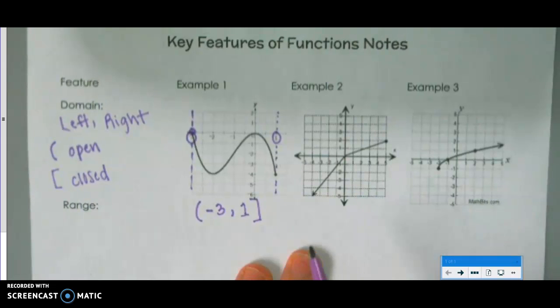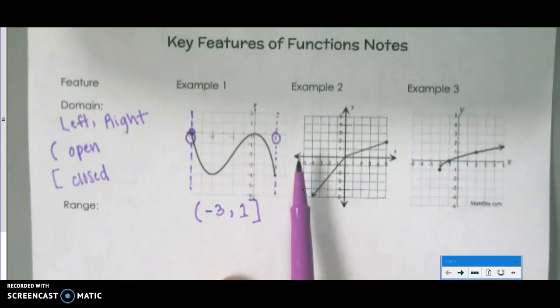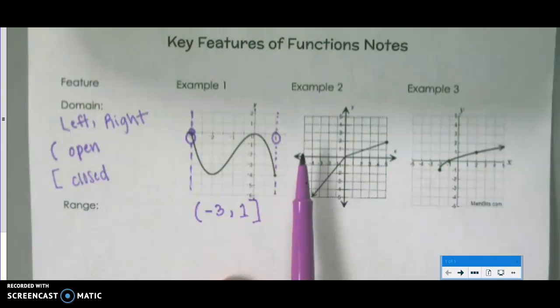All right, example number 2, come in from off the paper. And again, when you give domain and range, you're not telling me how far they labeled the scale. You have to make sure that you're actually on the graph. So if I notice the very first thing that my pen is hitting from the left is an arrow, that arrow is going to continue to point to the left.